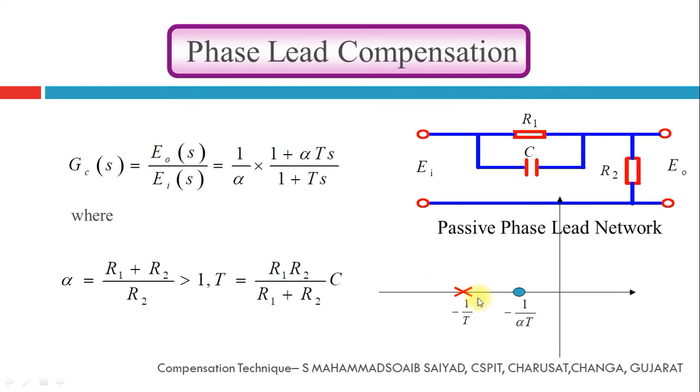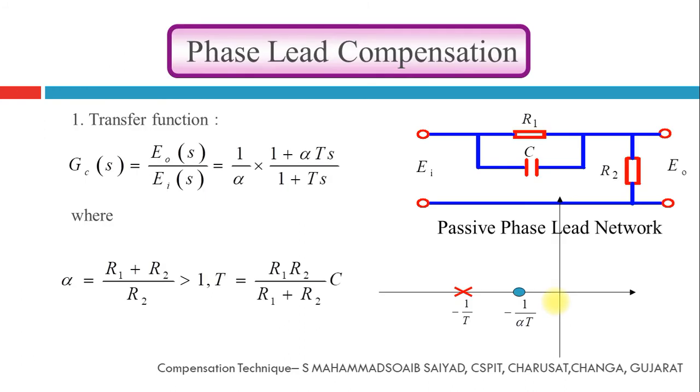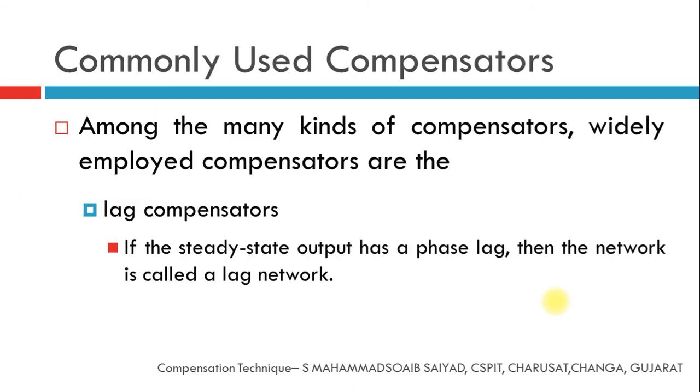If I am putting the poles and zeros location, it will be looking like this. Next one is the same, that is nothing but your phase lead compensator electrical representation, whatever I have shown over here. So suppose I am putting over here, it will be looking like this.